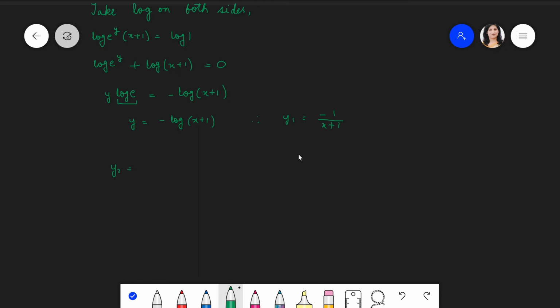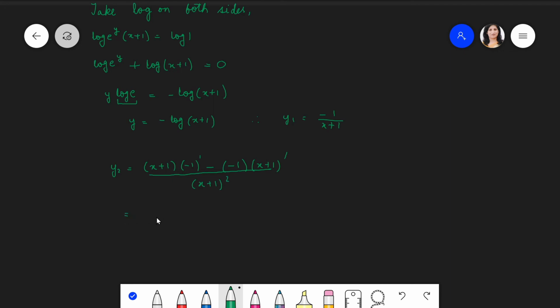y2. So here let us take the quotient rule. So x plus 1 into derivative of minus 1, minus 1 into derivative of x plus 1, upon square of denominator.